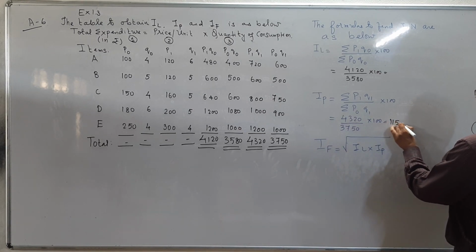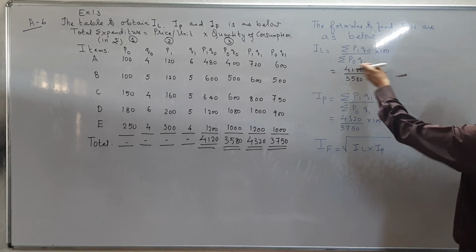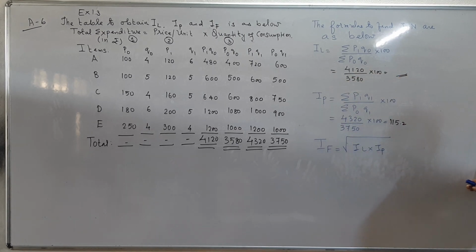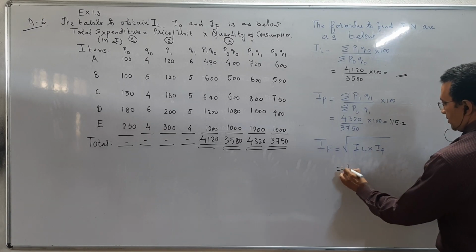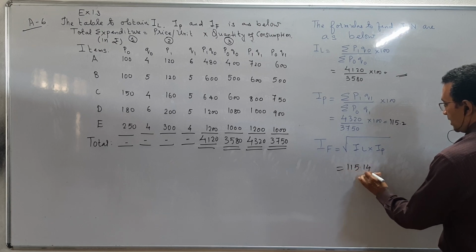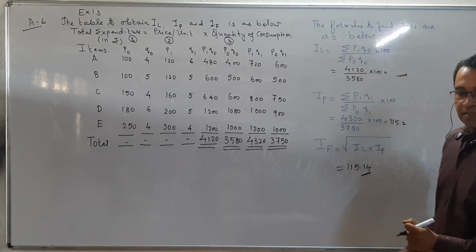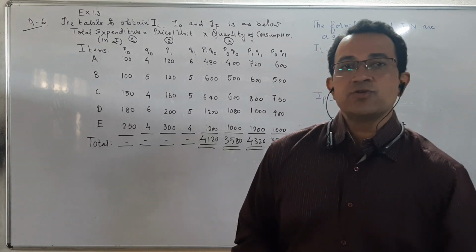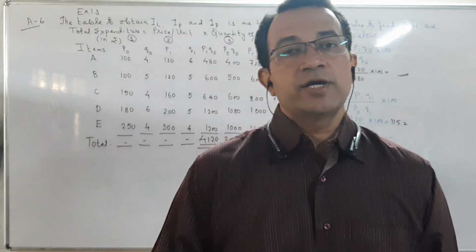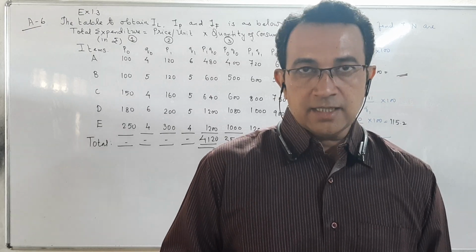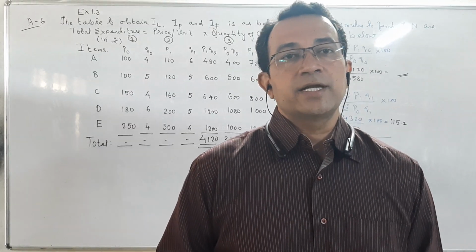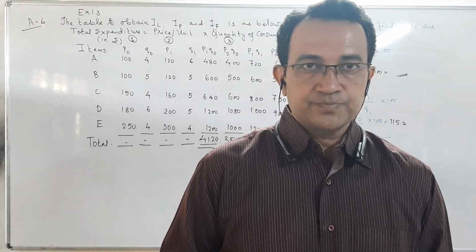Students, I have forgotten to calculate this. You can multiply and easily calculate, and final answer of IF comes out to be 115.14. I am writing it. You can calculate it yourselves because I have forgotten to calculate IL. Now during the lecture I can't use calculator in simplifying, so I request you to simplify IL and then substitute and get the answer of IF.